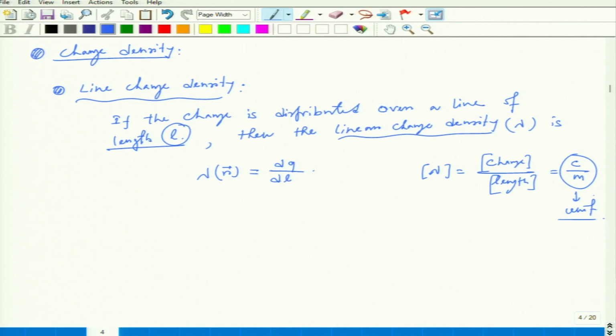Now we calculate the total charge by integrating over the length.